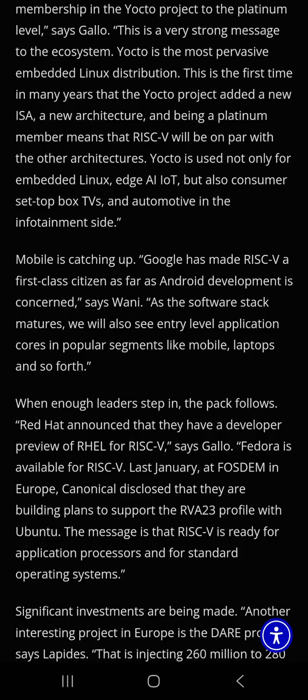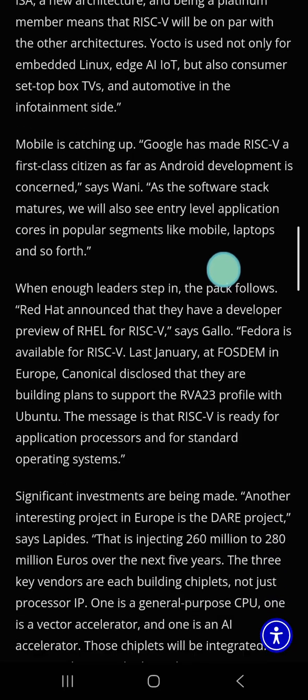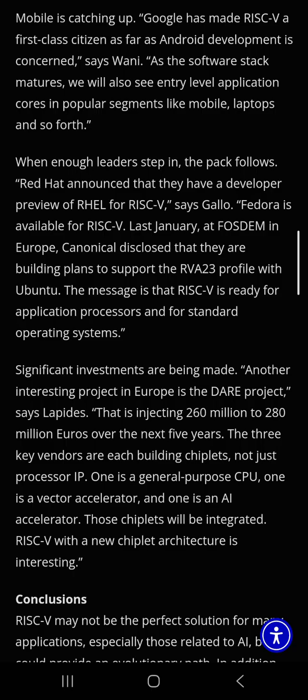As the software stack matures, we will see entry-level application cores in popular segments like mobile, laptops, and so forth. When enough of the leaders step in, Red Hat announced that they have a developer preview of RHEL for RISC-V.